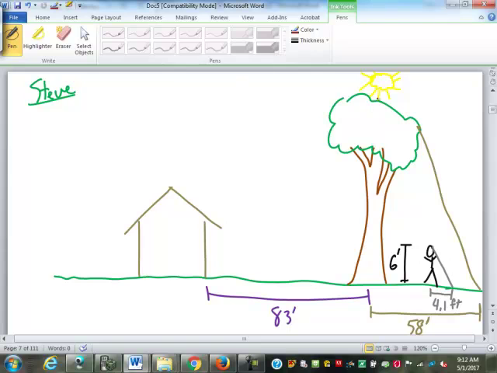Well, I want to know how tall the tree is. That's going to be a height H, I'm going to call it, for the height of the tree. So I'm going to compare Steve's height, 6 feet, to the height of his shadow, 4.1 feet. In the other ratio, where does the H go, on top or on bottom?